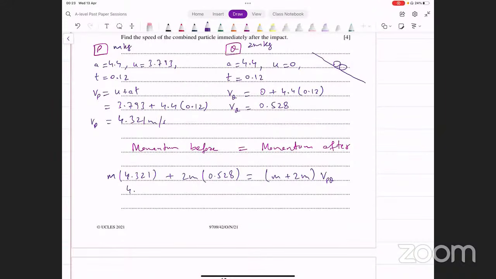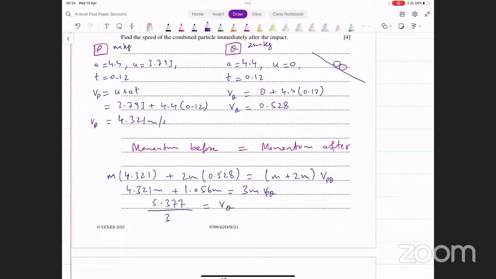So you have 4.321 m plus 0.528 into 2, that's 1.056 m, equals 3 m VPQ. The m's all cancel. VPQ is going to be equal to 4.321 plus 1.056, that is 5.377, divided by 3.